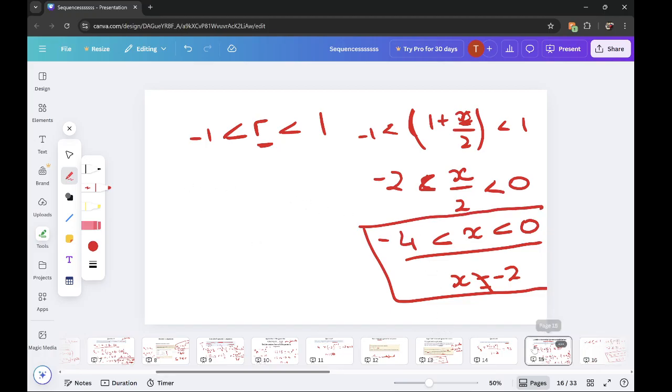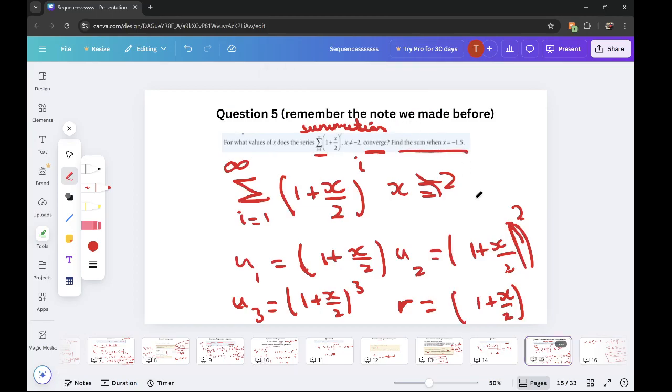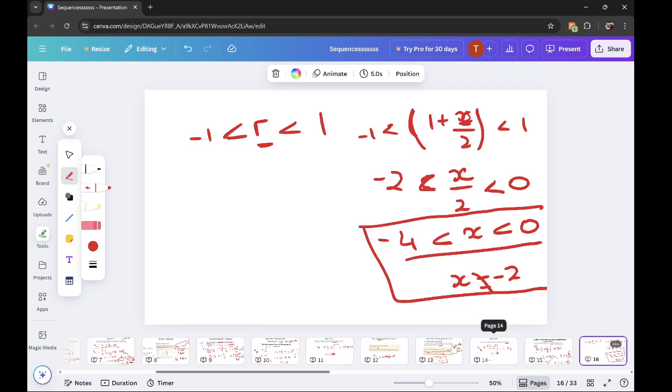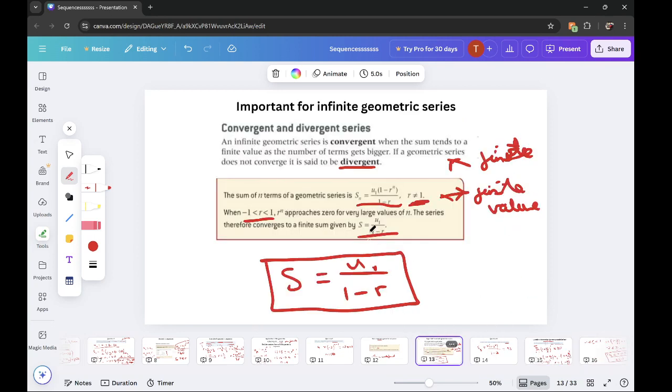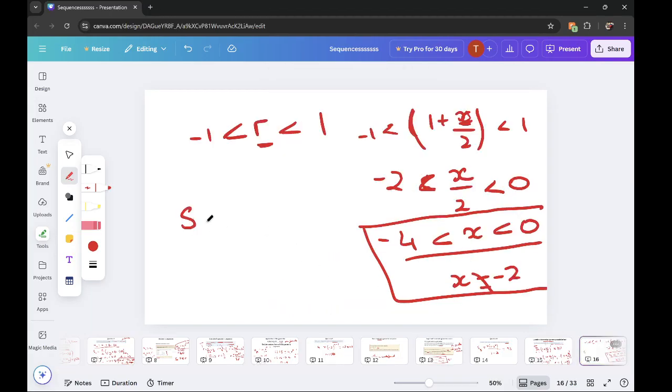They asked us, find the sum for when x is equal to -1.5. So again, this is an infinite series, so you do not use this formula here. You use this formula here. I love this formula a lot because it's really easy to remember and really simple to do. So u1 over 1 minus r, right?